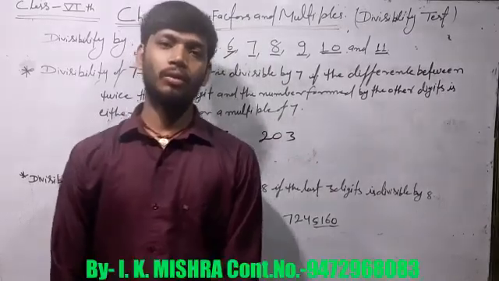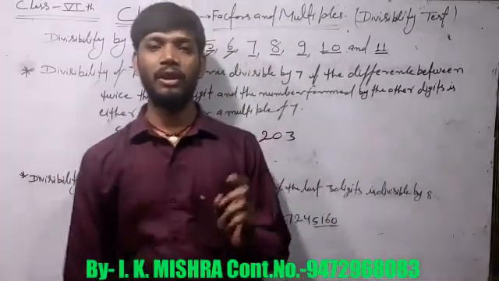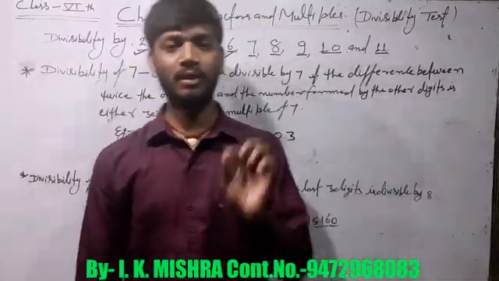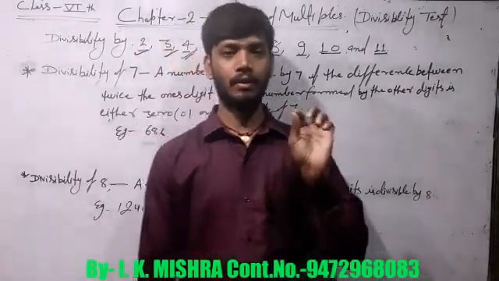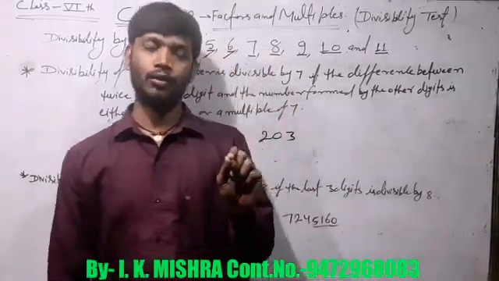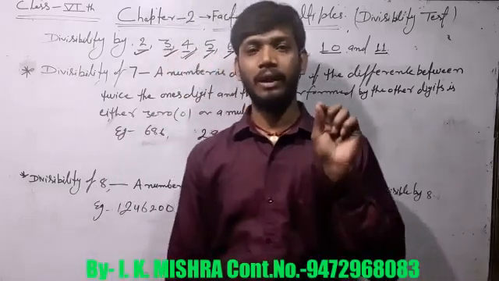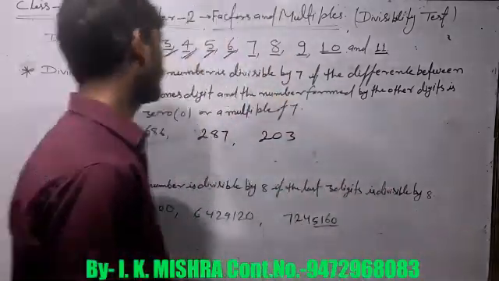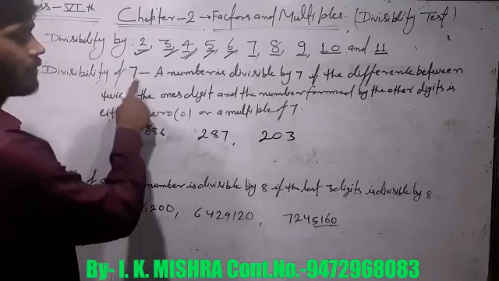Friends, now we have to know divisibility by 7. Student, it is very important and it is complex, so understand divisibility of 7 carefully. First of all, write the divisibility rule of 7.